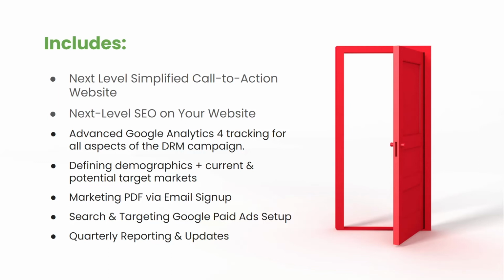So we will redesign your website and make sure there are lots of prompts for your guests to take action. We will add super great SEO, search engine optimization, for your website so that you show up in more searches. We offer advanced Google Analytics for tracking for all aspects of your campaign.